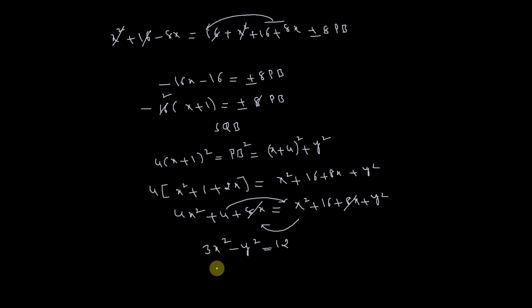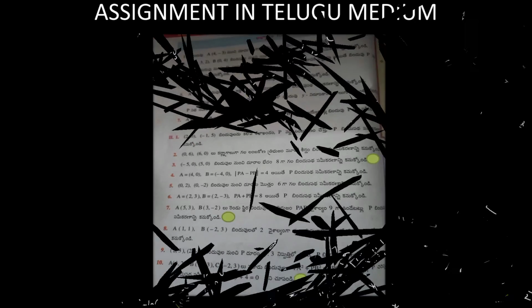Divide both sides with 12, I will get 3x square by 12 minus y square by 12 is equal to 12 by 12 means 1, 3 1 ja, 3 4 ja. Therefore, I can write locus of P is equal to x square by 4 minus y square by 12 is equal to 1. This is the final answer.